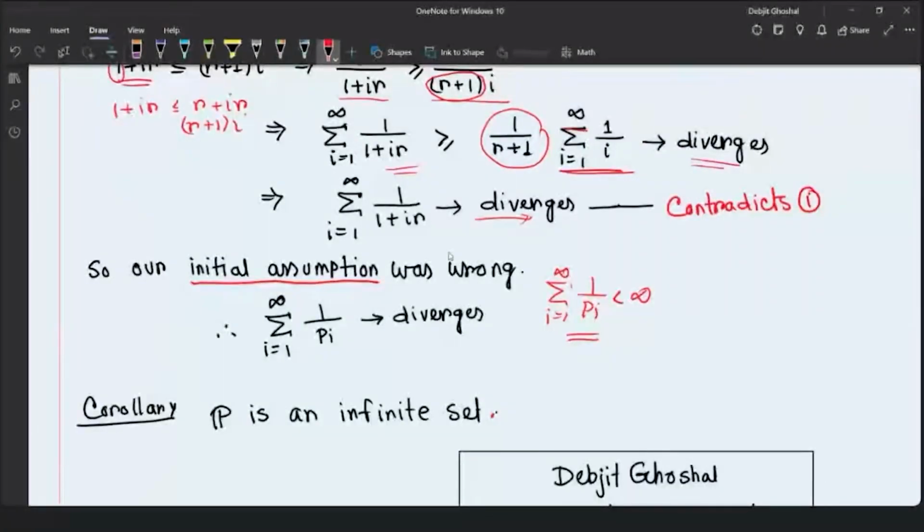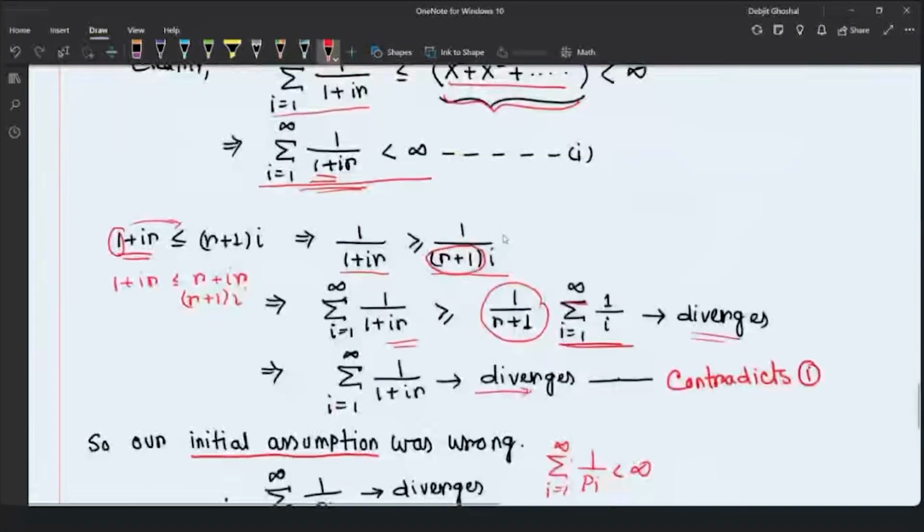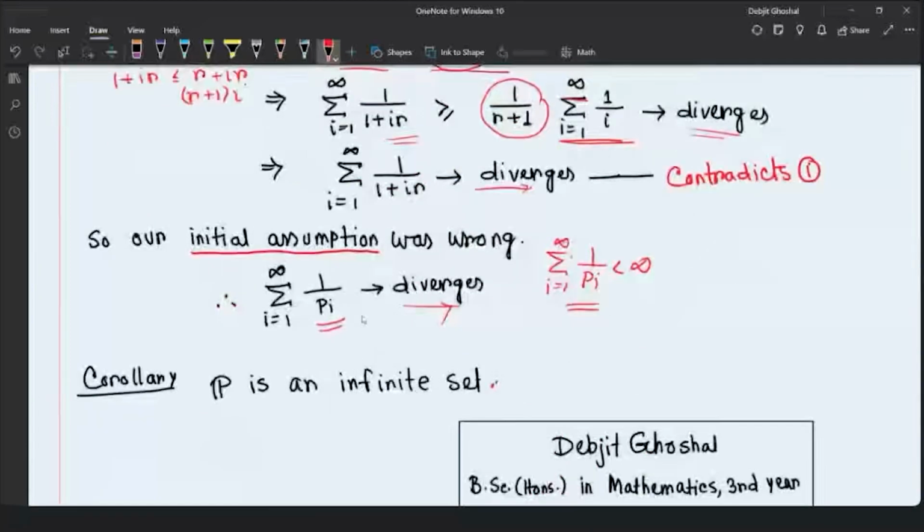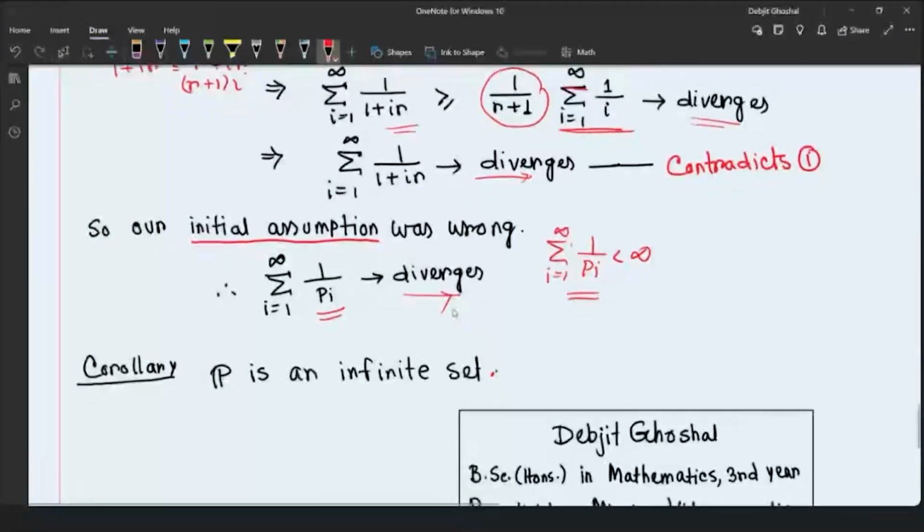We have proved that the series of reciprocals of the primes diverges. Now see, here we have not assumed that the set of primes is infinite, that there are infinitely many primes. But we have arrived at the fact that the series of reciprocals of primes diverges. So as a corollary of this, we can say that there are infinitely many primes.